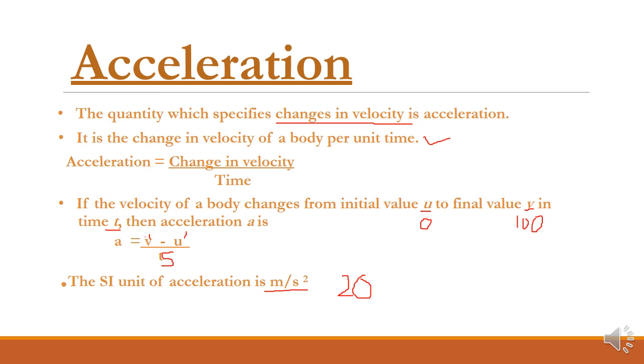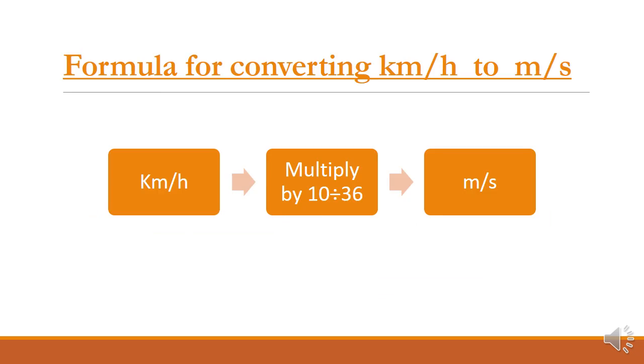Proceeding further with the next topic. See, this is everything basic. The formula for converting kilometer per hour into meter per second is used widely when you are performing numericals in motion as well as in the laws of motion, which is the next chapter. It is extremely simple.